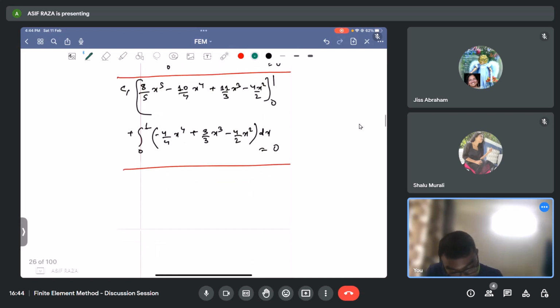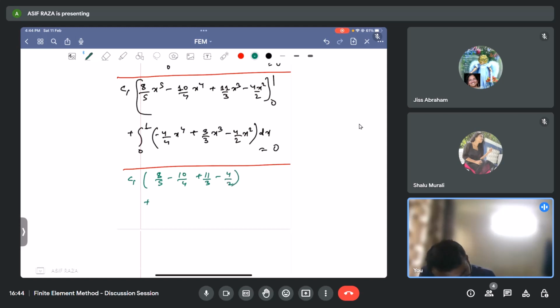Okay, so this will be equal to what? c1 times 8 by 5 minus 10 by 4 plus 11 by 3 minus 4 by 2.